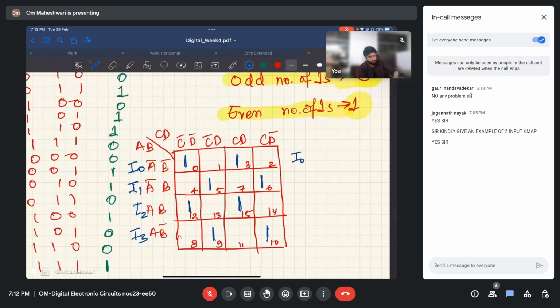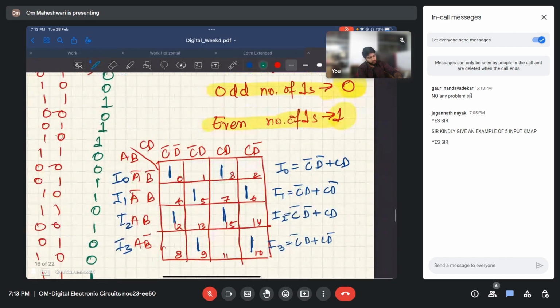Now I'll just write I0. This row corresponds to I0, right? So what inputs I should give to I0 is this one. I0 is C bar D bar plus CD. I1 is C bar D plus CD bar. I2 is C bar D bar plus CD. I3 is C bar D plus CD bar.